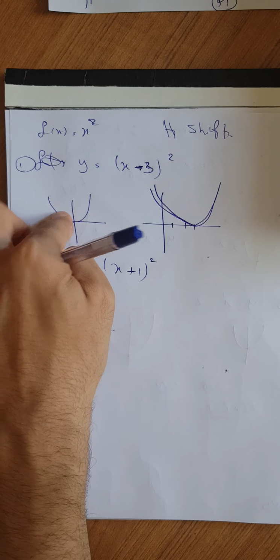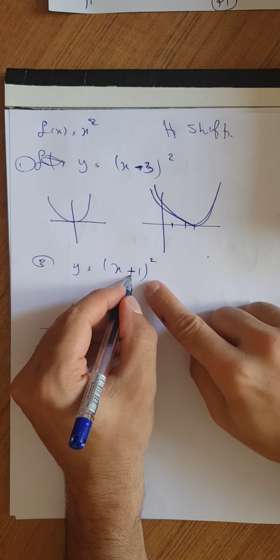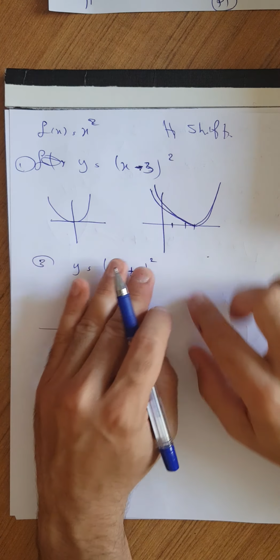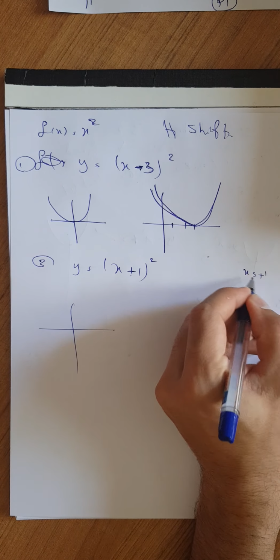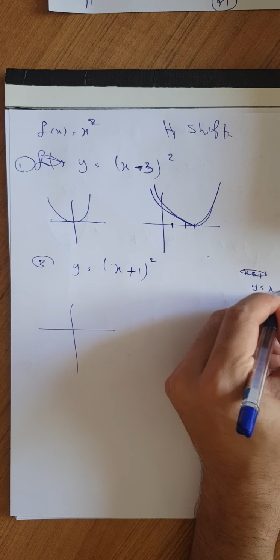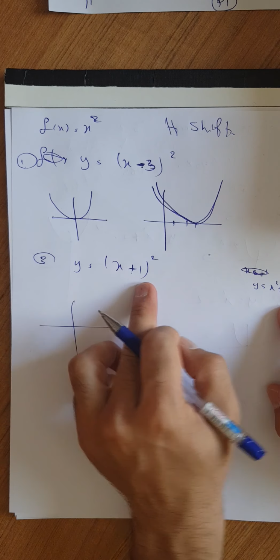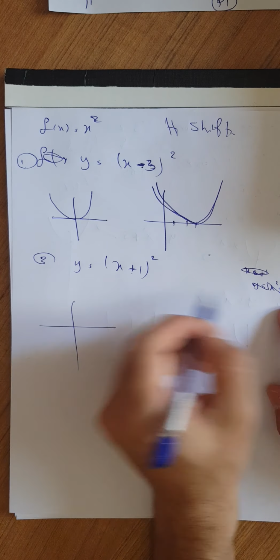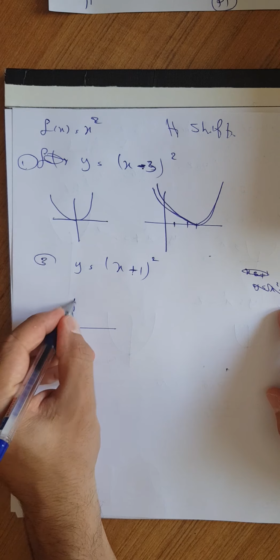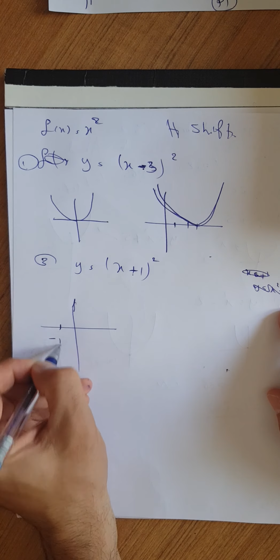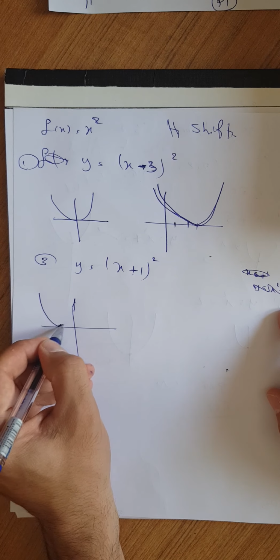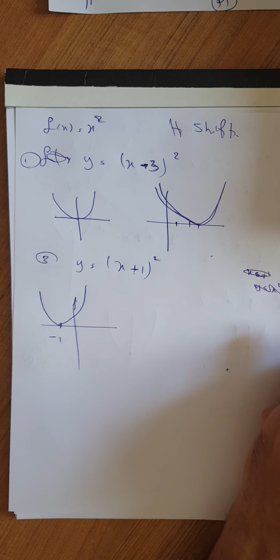This is the original one, we have this shape, but because I have a plus inside the function, it's different from the vertical shift. This one is the horizontal shift. So it should shift to the left side by 1 unit. So I go to minus 1 and I have the same shape.